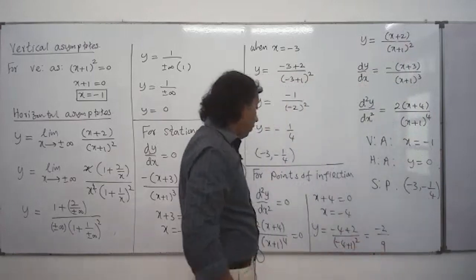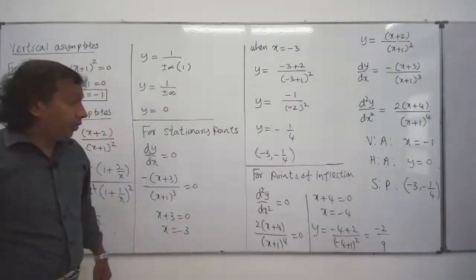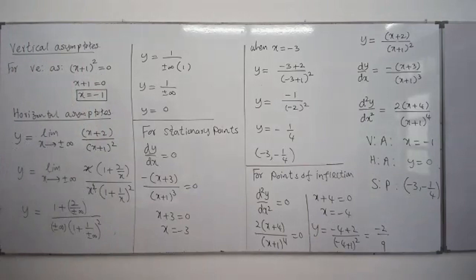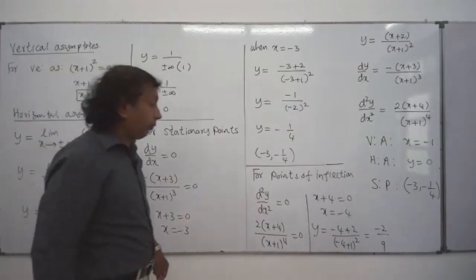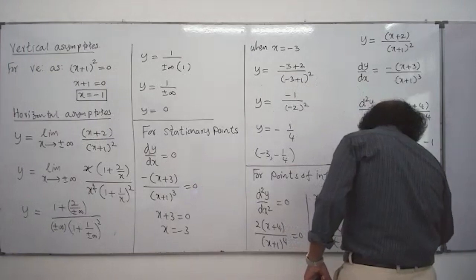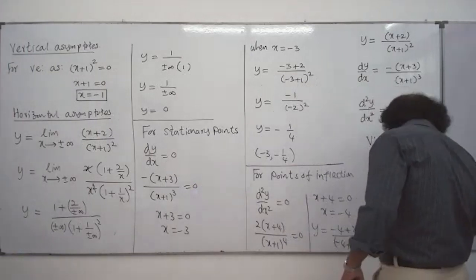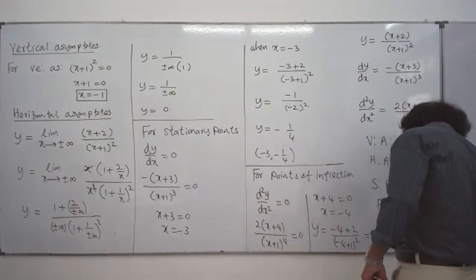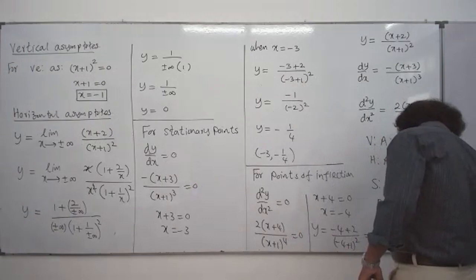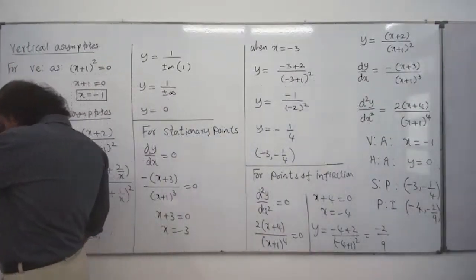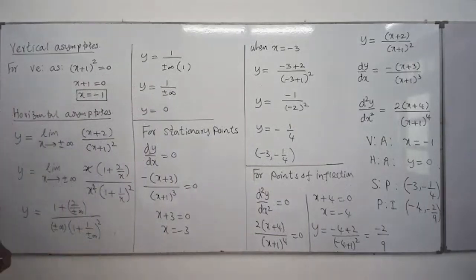So minus 2 by 9. Therefore, the point of inflection occurs at (minus 4, minus 2/9). This way, we have to gather the required information.